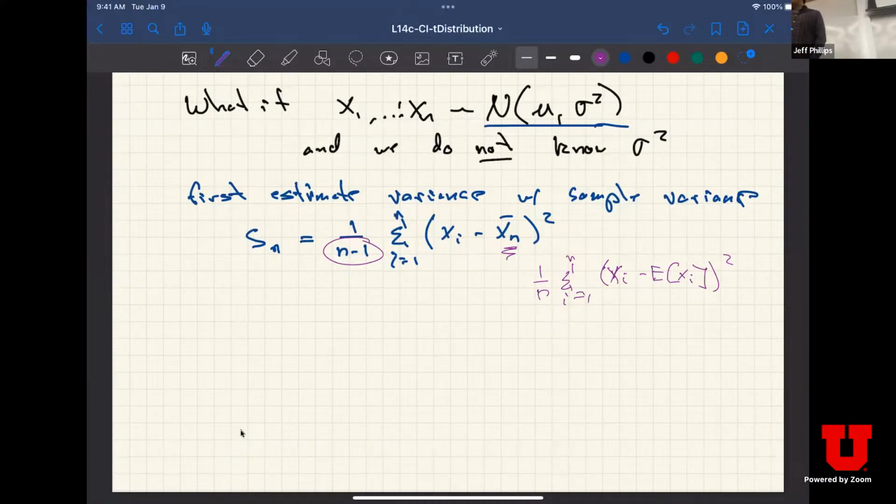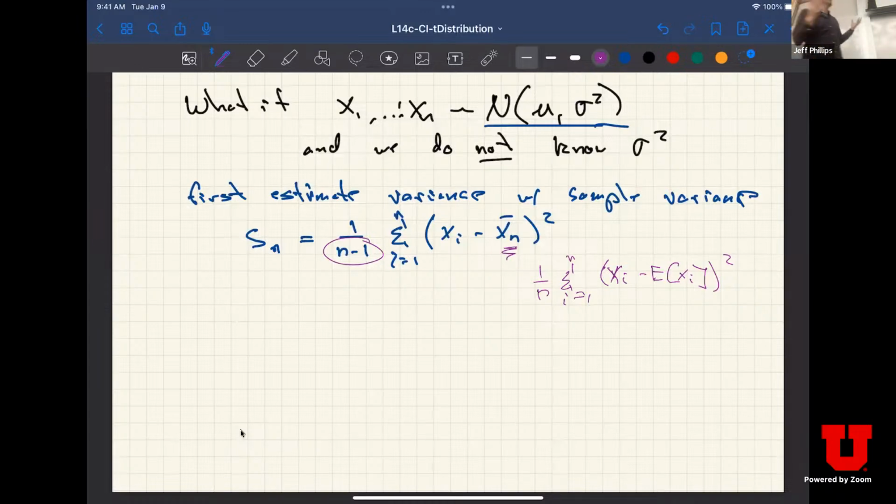But we're going to use the sample variance to estimate this variance, and reminder, to do this we need to divide by n minus 1 instead of by n. This should point out that we need to be careful when combining these estimators. We need to do this because we didn't know the true mean.